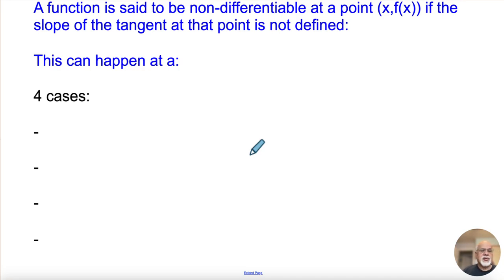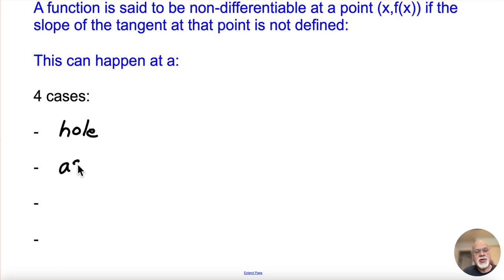Well, there are four different reasons. One of them is if there's a hole in the graph, and we've seen that before, where you have, for example, a quadratic over a linear, the quadratic factors, and one of the quadratic terms cancels with the linear term, and we end up with a hole at some point. So holes.